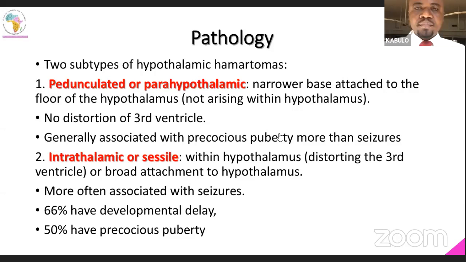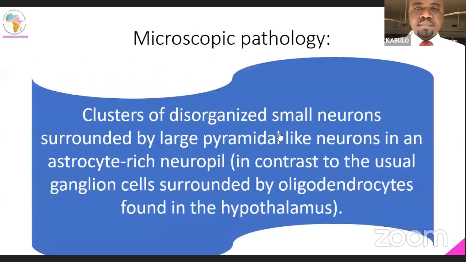But the intrathalamic or sessile one is within the hypothalamus, and you see that there is distortion of the third ventricle. So it is a broad attachment; pedunculated means small base, sessile means broad base. The intrathalamic type is more often associated with seizures, and 66% have developmental delay and 50% have precocious puberty.